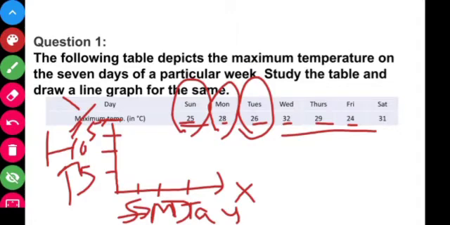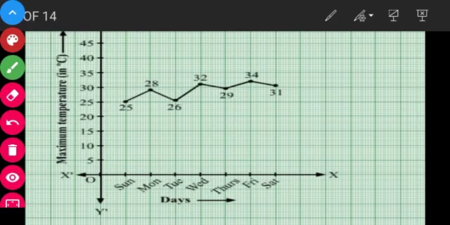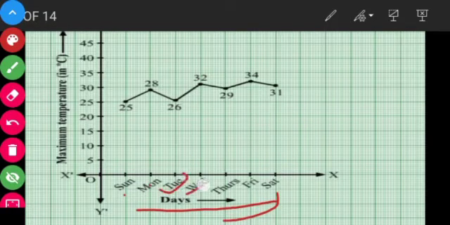Then after this, you can see this in the graph. So this will be the graph. Here it is days on the x-axis: Sunday, Monday, Tuesday, Wednesday, Thursday, Friday, Saturday.